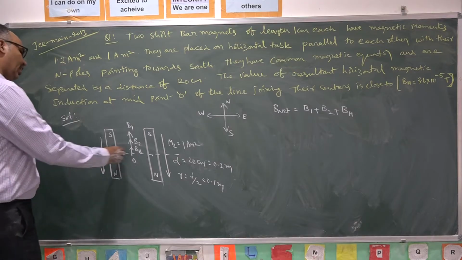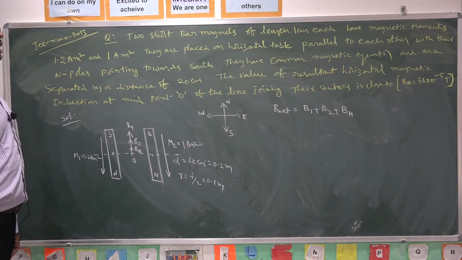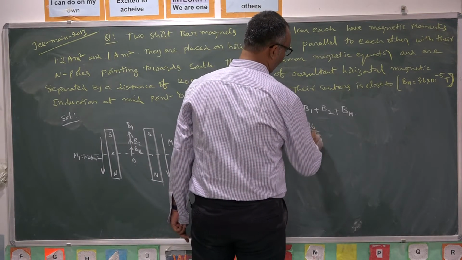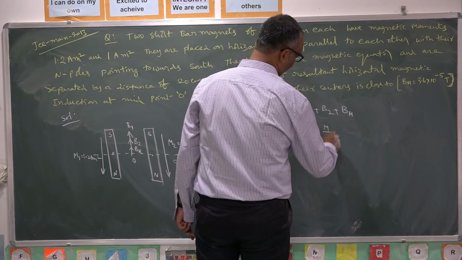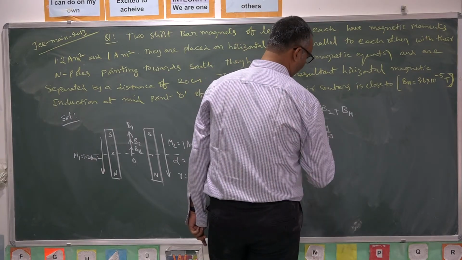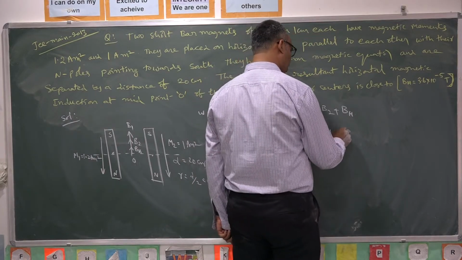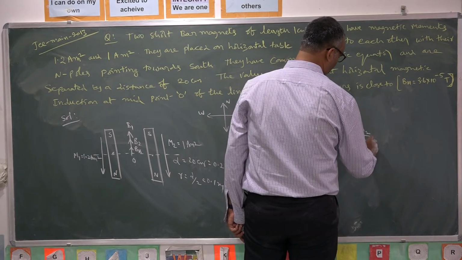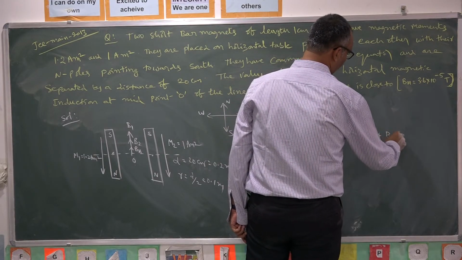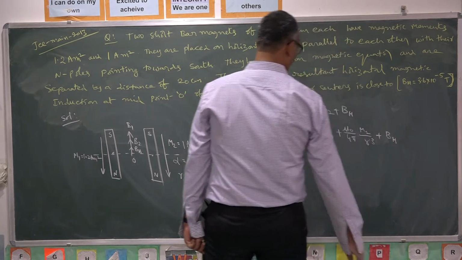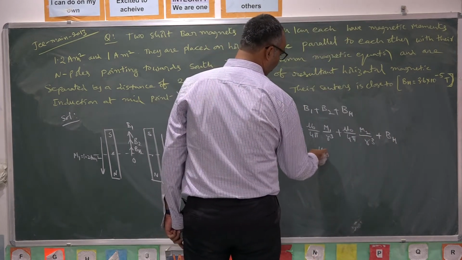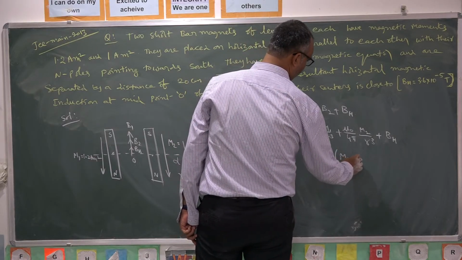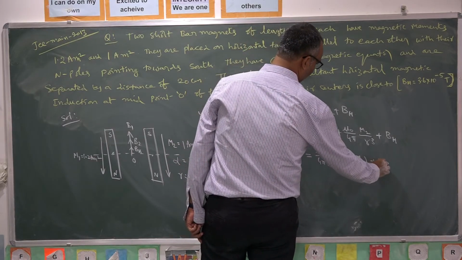As this is the equatorial line, the magnetic field on the equatorial line is given by mu naught by 4 pi into m by r cube. For the first magnet, m1 by r cube, plus mu naught by 4 pi into m2 by r cube, plus BH. If you take common terms, mu naught by 4 pi r cube is common, times m1 plus m2, plus BH.